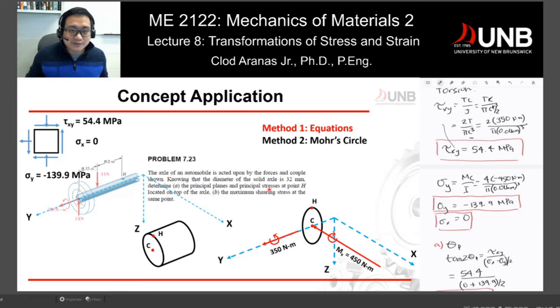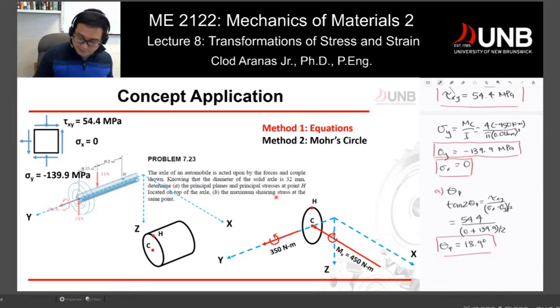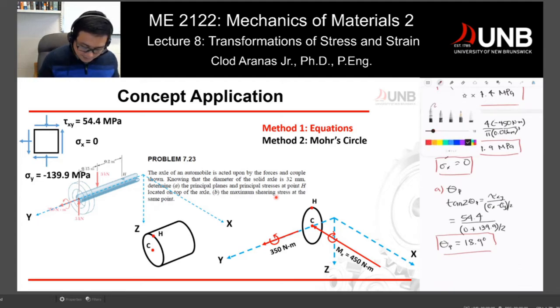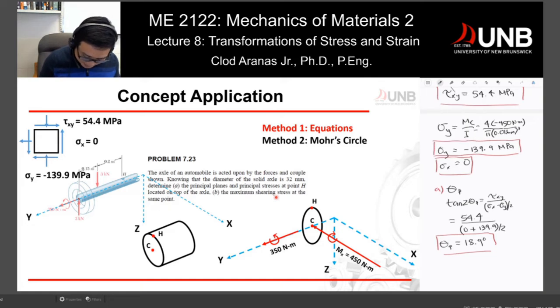How about principal stresses? So now let's go to principal stresses. I would need my minimum and my maximum number. So sigma min and max is equal to, if you can still remember the formula, sigma x plus sigma y divided by 2, that's your sigma average, plus minus. Plus is for maximum, minus is for minimum.